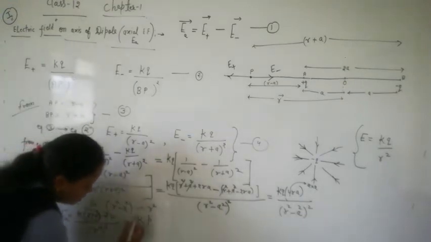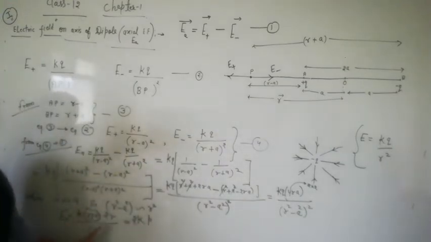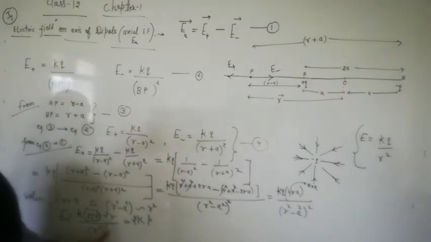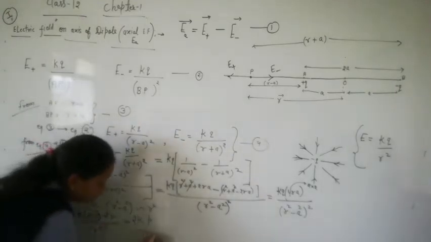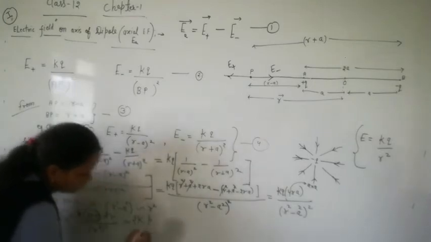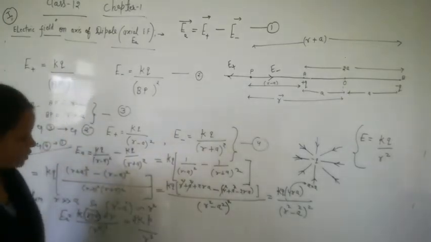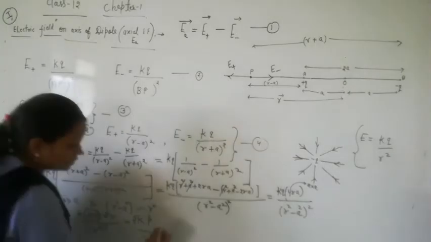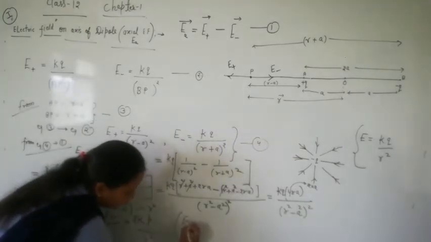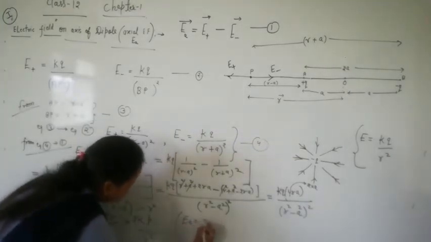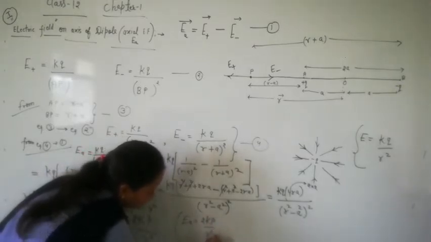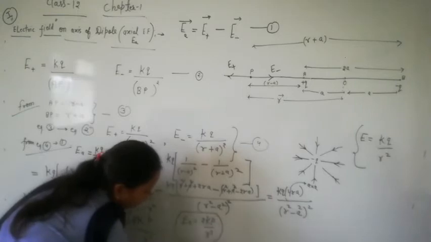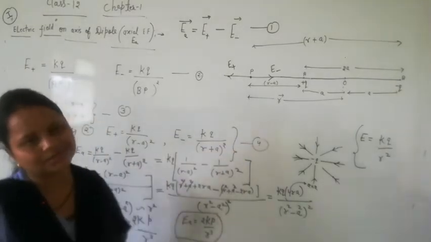Here r has power 4 and r has power 1, so the 4 power reduces to r cube. This is the final electric field on the axial axis: 2kp upon r cube. 2kp upon r cube is the last answer.